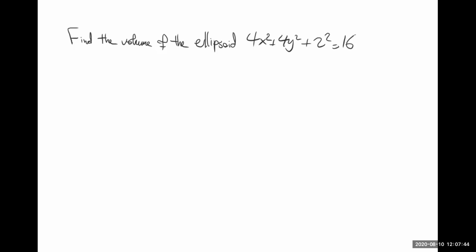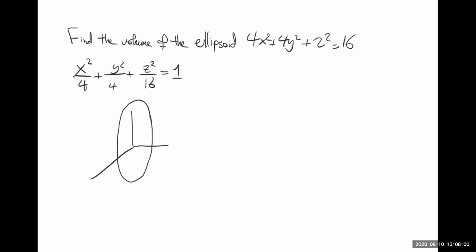So we have an ellipsoid. If I divide everything by 16, I would get x squared over 4 plus y squared over 4 plus z squared over 16 equals 1. This is an equation of an ellipsoid like this, and we want to find the volume of this ellipsoid.